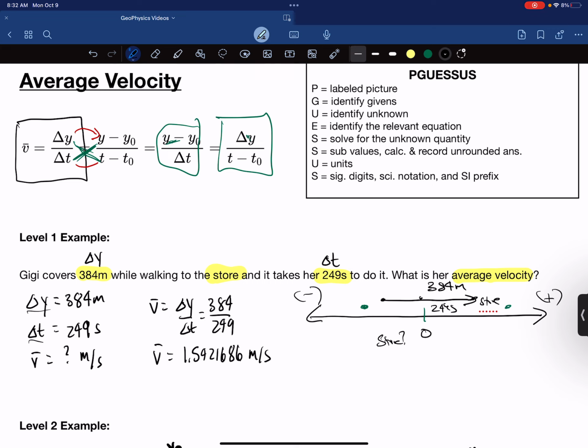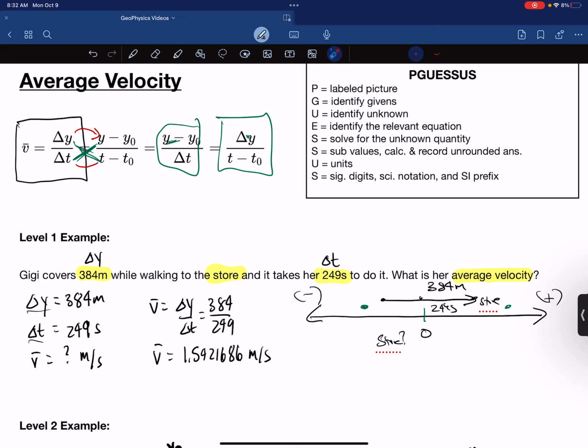Again, we're recording our unrounded answer. Up until this point, we have our labeled picture, we've identified our givens, we've identified our unknown, and we've identified the equation. We don't need to solve for the unknown because it is already by itself. We substituted values, and we calculated and recorded the unrounded answer with units.